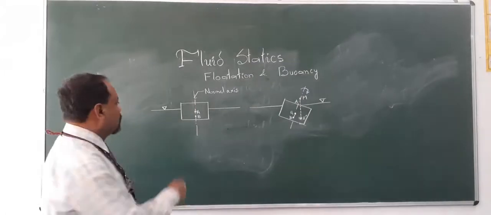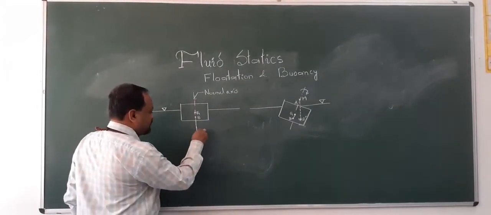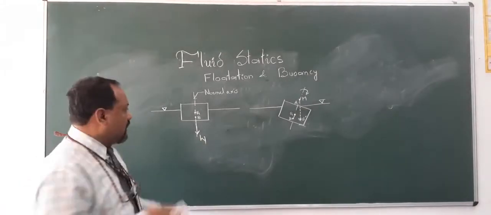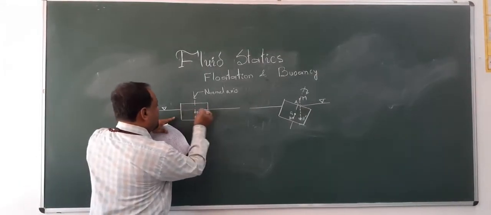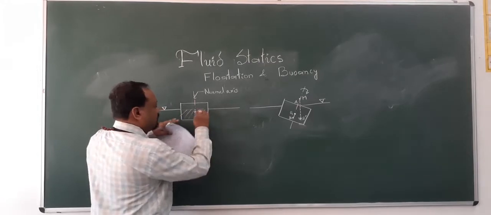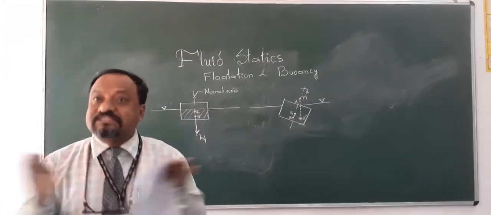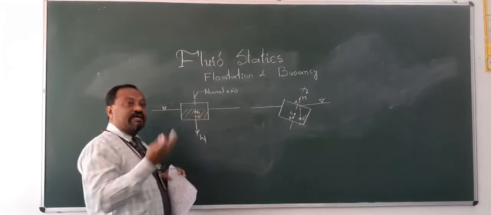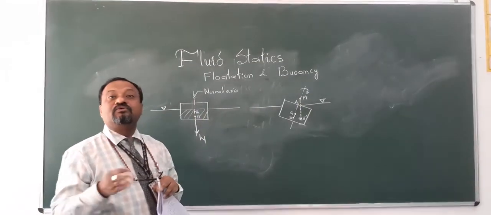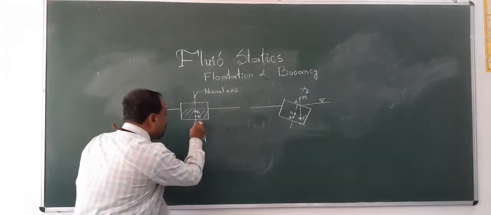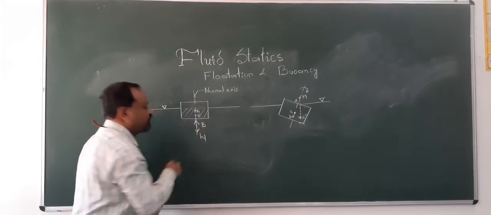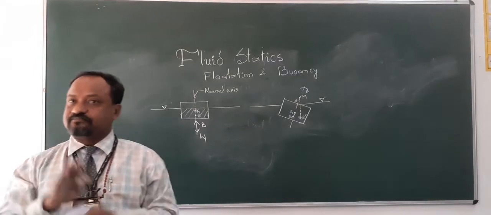which is called the buoyancy force. So this is the normal W, that is the weight of the body. Now the amount of liquid displaced by the body must have a certain weight, and that weight is equal to the buoyant force, and it acts in the opposite direction to your normal weight.